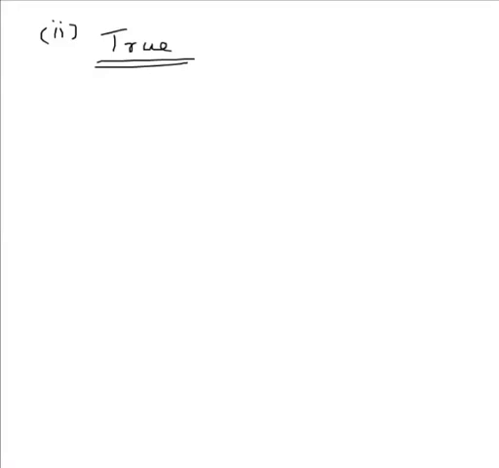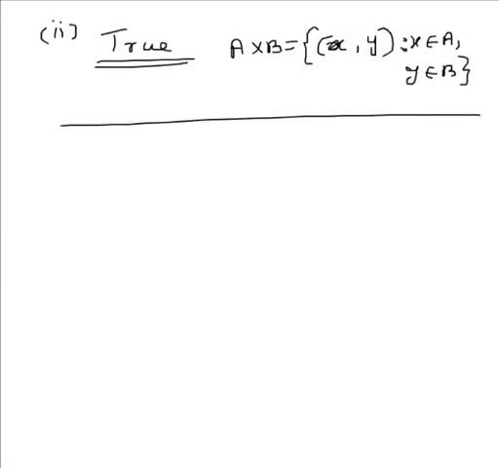That is the definition of the Cartesian product of two sets: ordered pairs (x, y) such that x is taken from set A and y is taken from set B. This is the definition. So it is true. Now the third subdivision, set A is given as {1, 2} and set B is {3, 4}.